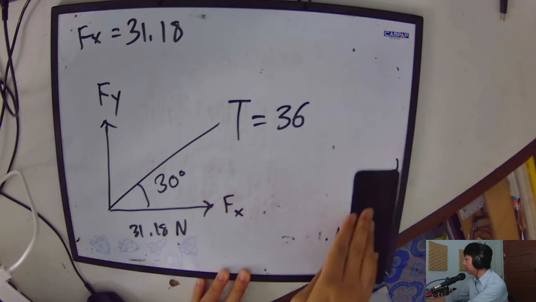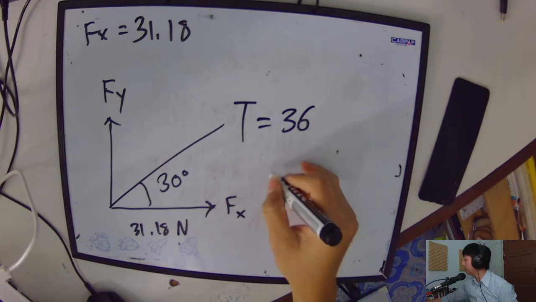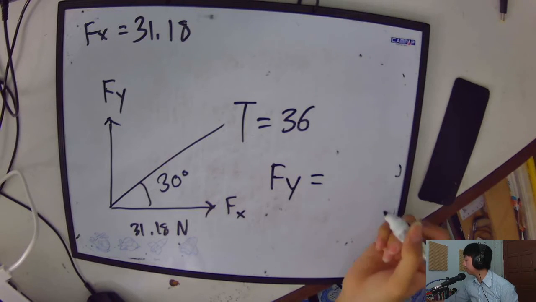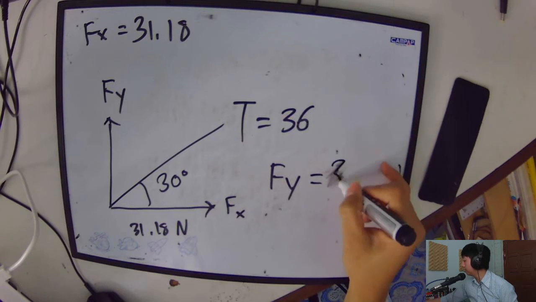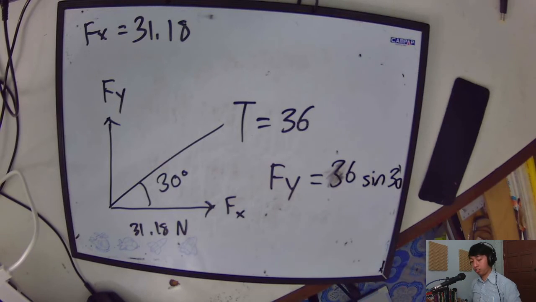Okay, so now we look for Fy. Same thing. Fy equals 36 sin 30. And you can calculate once again.